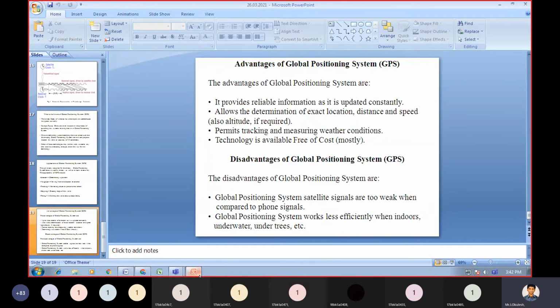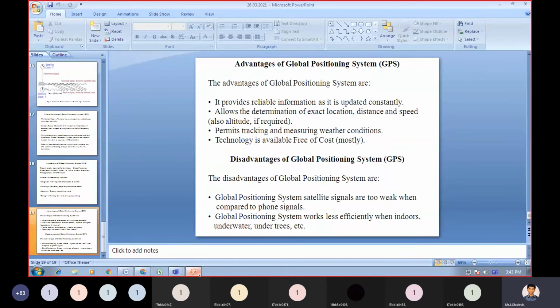And GPS works less efficiently indoors, underwater, under trees and so on. Why means, when you are indoors, maybe you are unable to receive the signal.